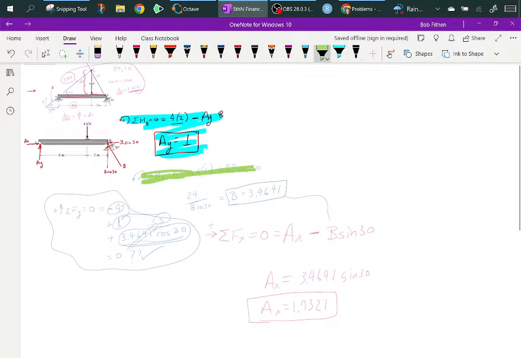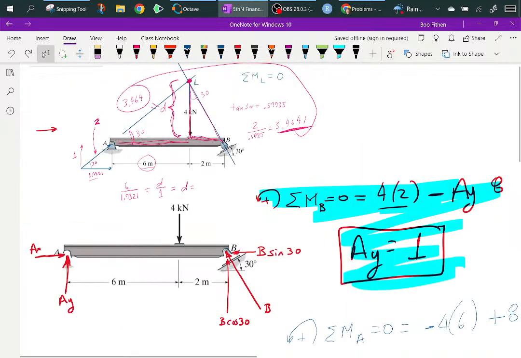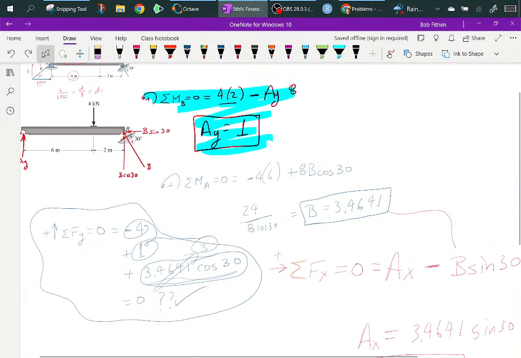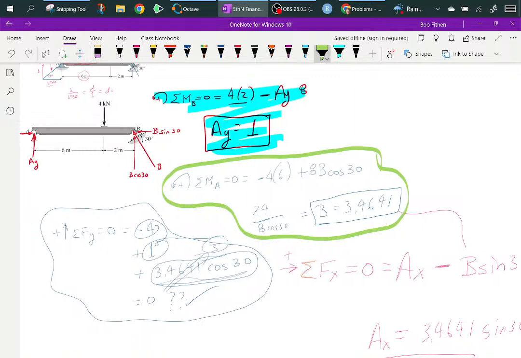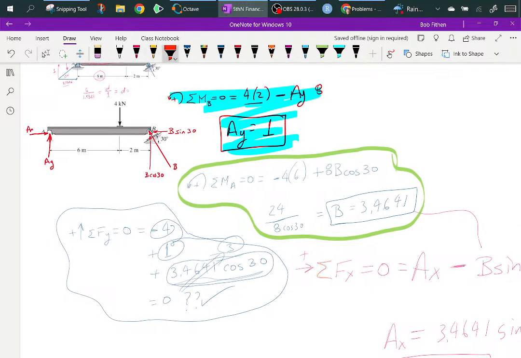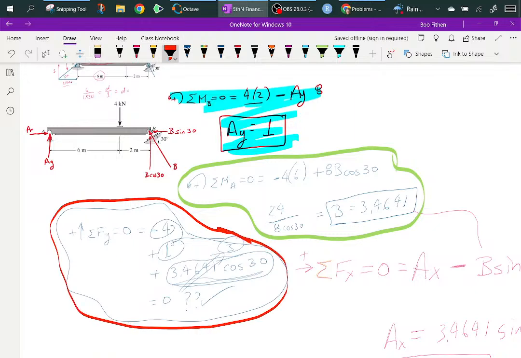Second thing I did, I'm sorry, I summed the moments about B. Then, and this is probably not a good way to do it, the next thing I did is I summed the moments about A. After I did that, I decided to do a check, and the check was, let's compare what I would get if I just summed the forces in Y. That came out as a check, and it said, okay, the values I got for A, Y, and B are okay.